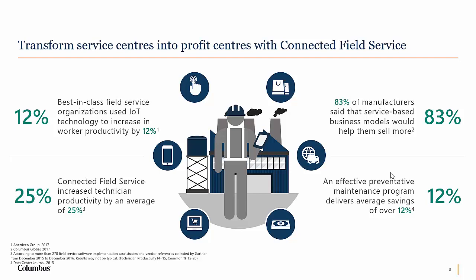And if you look at the statistics on the other side, I would recommend moving to a preventative maintenance program, which again can generate average savings of over 12%. And these are per the Aberdeen Group, per surveys of some of the customers that we've seen, and using about 270 field service software implementation with information from Gartner Group garnered out of that.